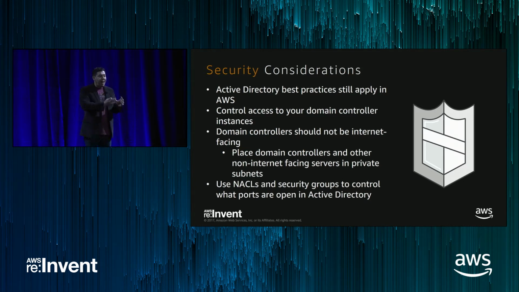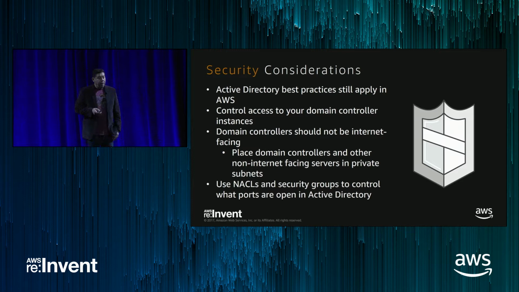So you can control access for your AWS services and resources via IAM roles and policies, and control access to your EC2 instances, your domain controllers, the operating system, via your security group memberships within Active Directory. Also, domain controllers should never be internet facing. You want to put those in private subnets and ensure that they're not accessible from the internet.